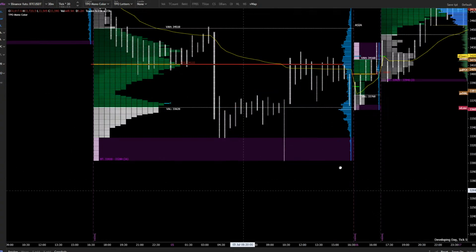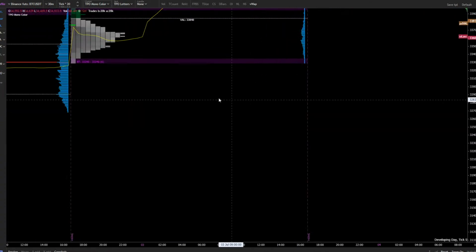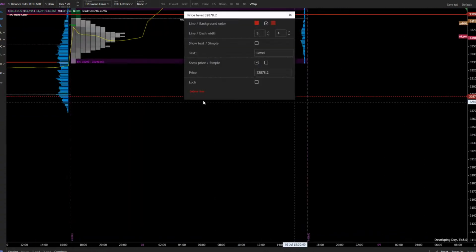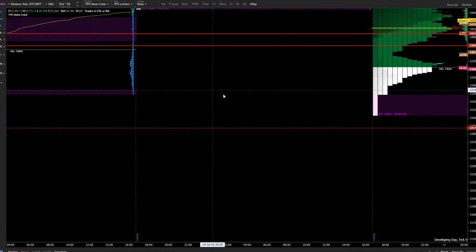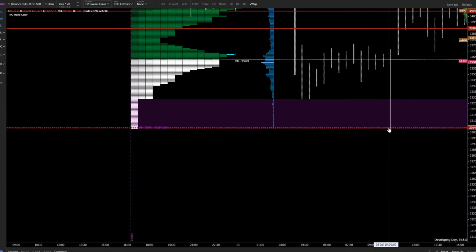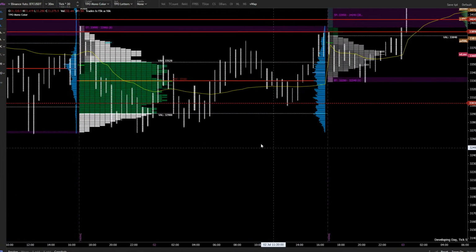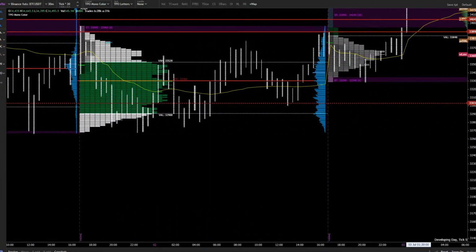If we look back at the price, we draw a line right here, we see that it didn't break the low of this previous structure. And when you're looking for a breakdown and it's not breaking the low of previous structures, that's how you know that the supply is not strong enough to keep going.